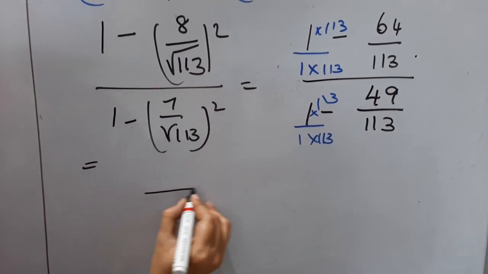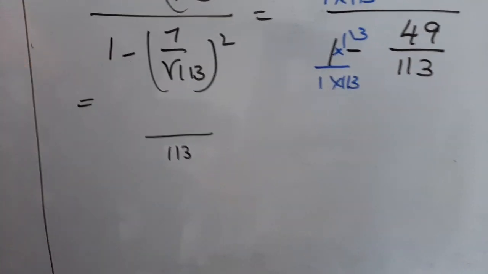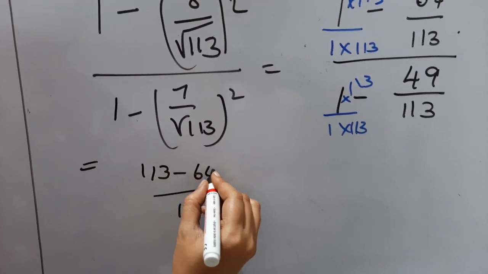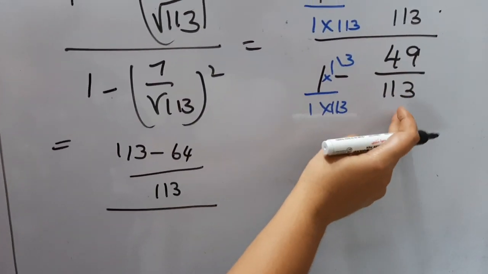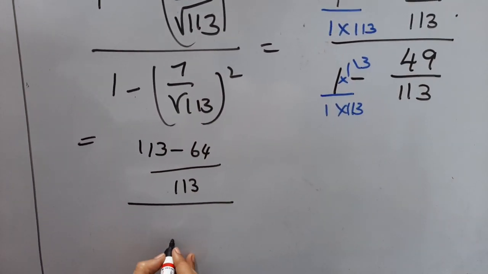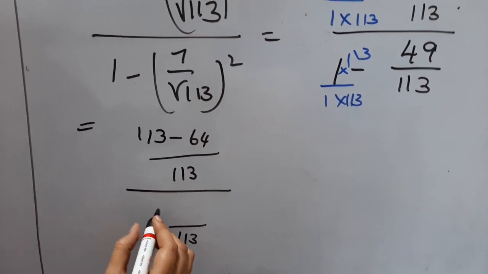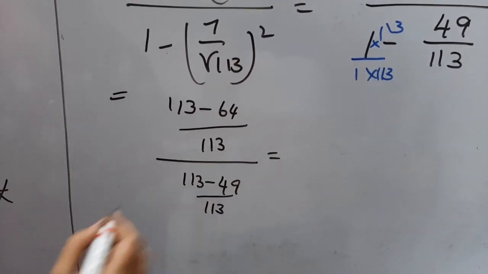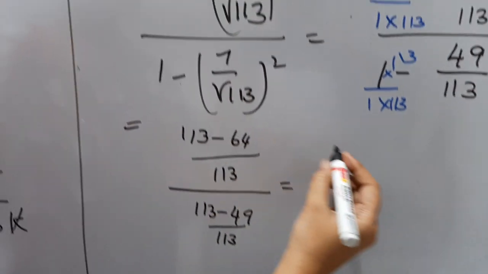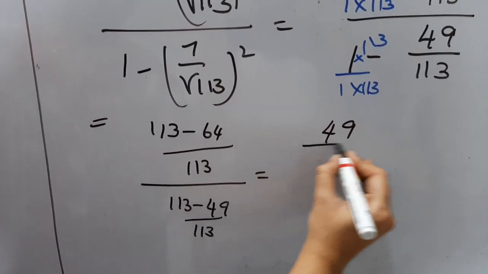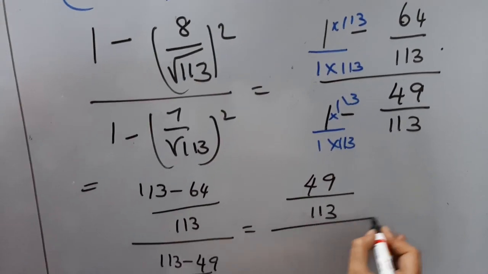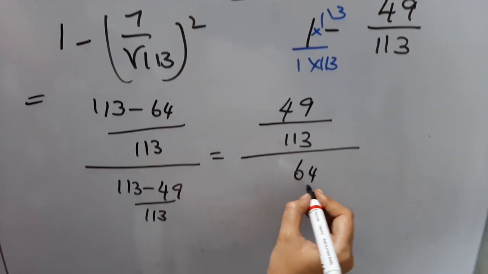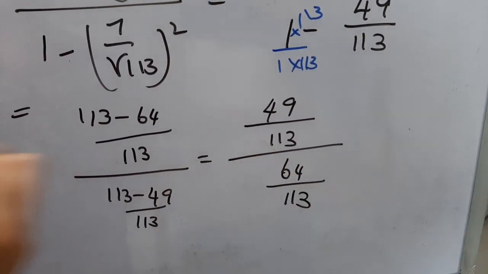So the numerator's common LCM is 113 and it is written as 113 minus 64, and the denominator is also a fraction with the common LCM 113, with numerator 113 minus 49. Now simplify. 113 minus 64 becomes 49, with denominator 113. 113 minus 49 becomes 64, with denominator 113.